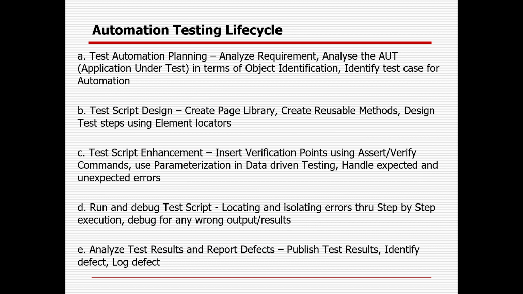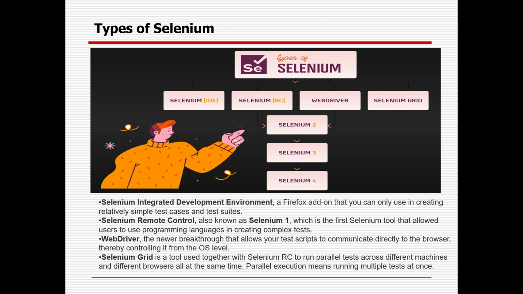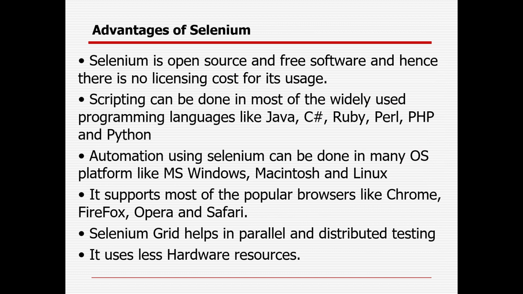This kind of stuff you need to make a note of. First planning, then design, then enhancement, then debugging or running a dry run, then analyzing the report, and then creating the proper summary report. There are a lot of tools available for API, performance, automation, few licensed, few free tools I have tried to demonstrate here.